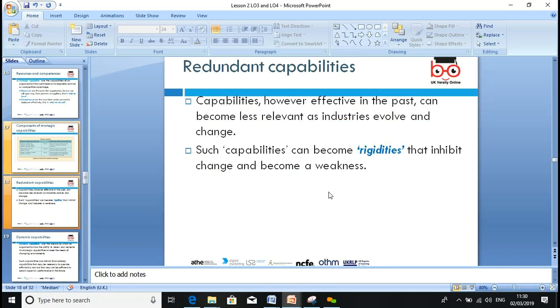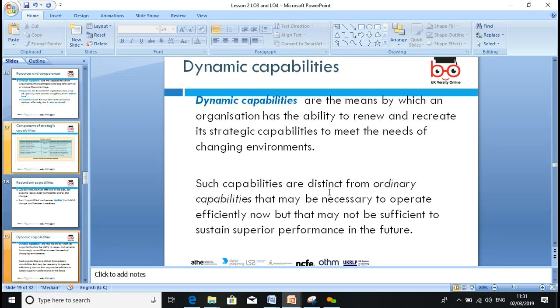With the passage of time, sometimes we used to say, oh, we are very capable. But as technologies and things change, those capabilities become redundant, meaning they become outdated. We need to make sure we keep up to date and do upskilling.